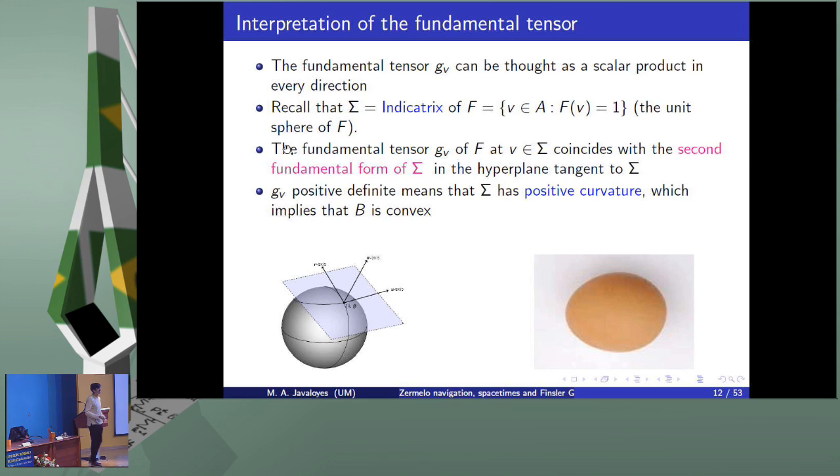So this is stronger than the triangle inequality, because the triangle inequality is equivalent to convexity of the unit ball. Here we are asking for something more, a kind of non-degeneracy, because it is not only convex, but the indicatrix, the boundary of this region, has positive curvature. It's a little bit stronger, but it is necessary in order to develop all the computations in Finsler geometry.